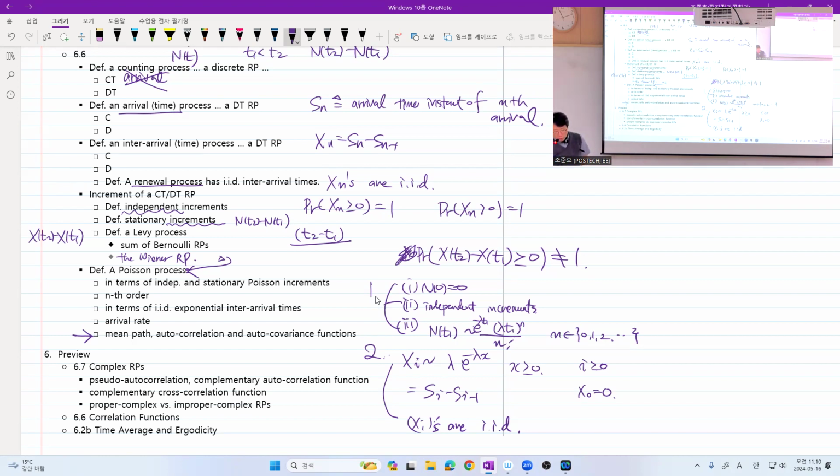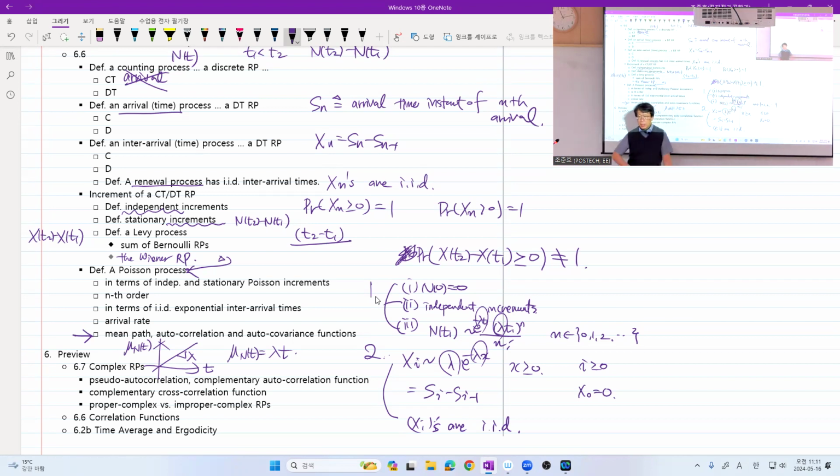Interestingly, what was the shape of the mean path? Very simple. So T and mu sub N of T. What is the slope of this line? That lambda appearing here. So mu sub N of T equals lambda T. And as you see, and let me remind you, here the exponent must be unitless, but T has unit in seconds.